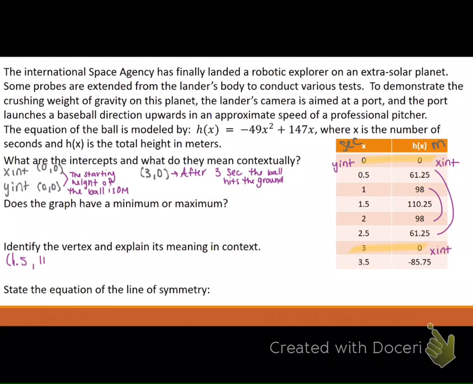Yeah. So that is a max because 110.25 is my biggest number. You'll also see it's increasing and then decreasing. So if it's increasing and then decreasing, it is creating a maximum. So this means after 1.5 seconds, the ball is 110.25 meters.